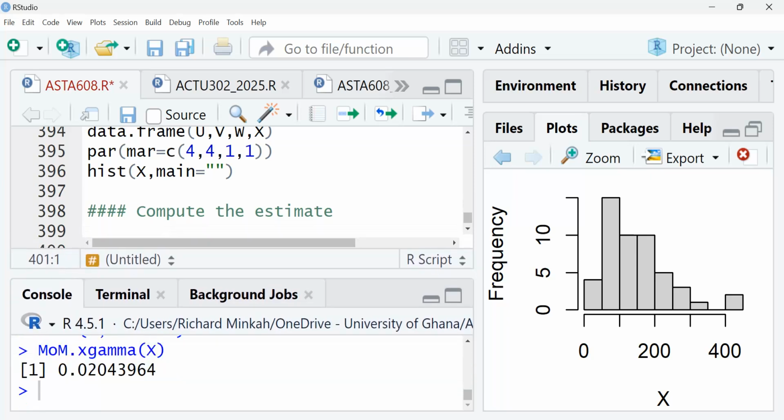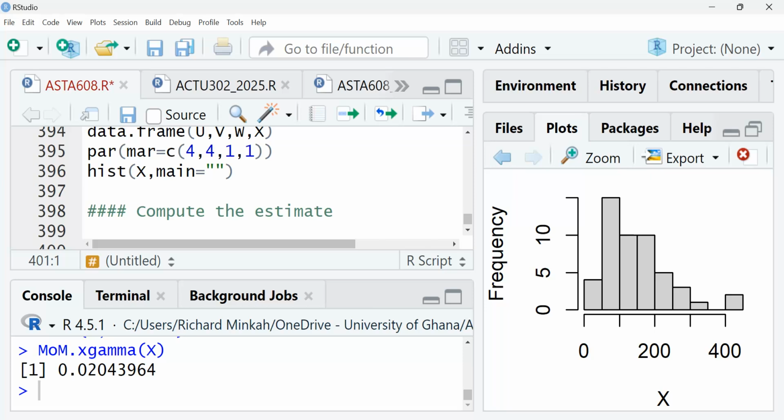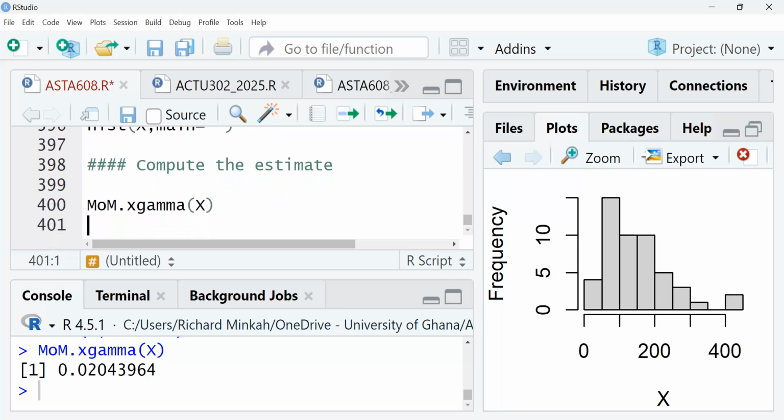What was our parameter? It's 0.02. What are we getting for the moment? You see, it's close. Okay, so I hope we are getting to understand the concept.